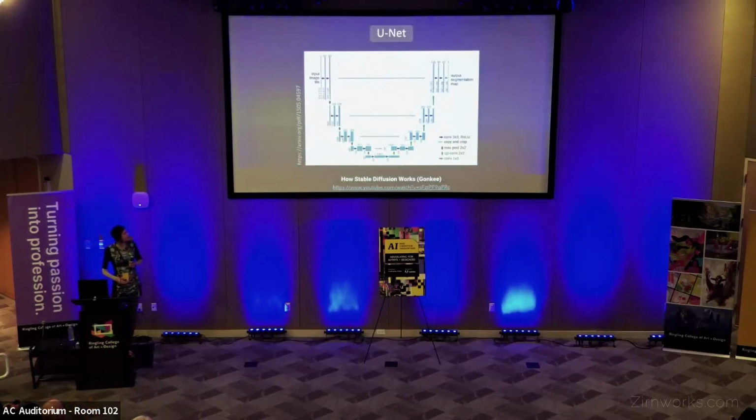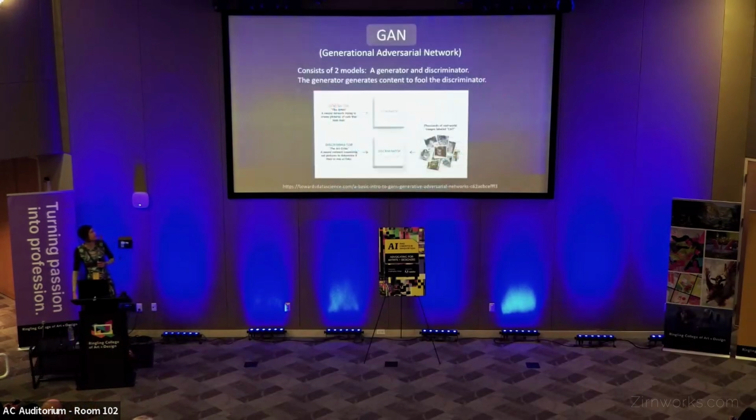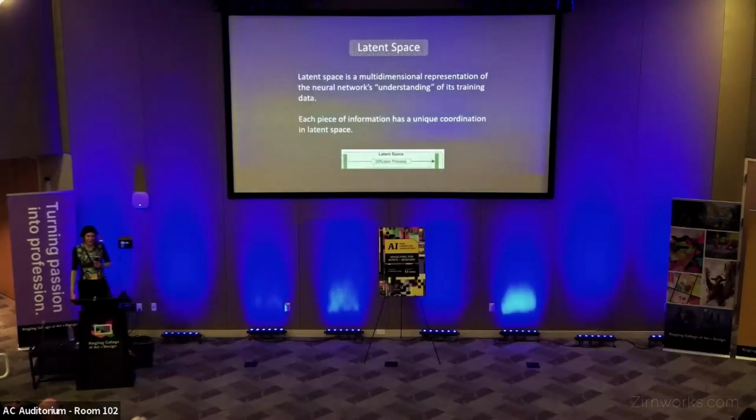And if you're interested in UNets, this is another video you can check out. This is a big part of the main engine of Stable Diffusion. And then finally, I really wish I could talk about GANs. I won't, but they're very cool, and they were the main way to generate images before diffusion stepped onto the stage.